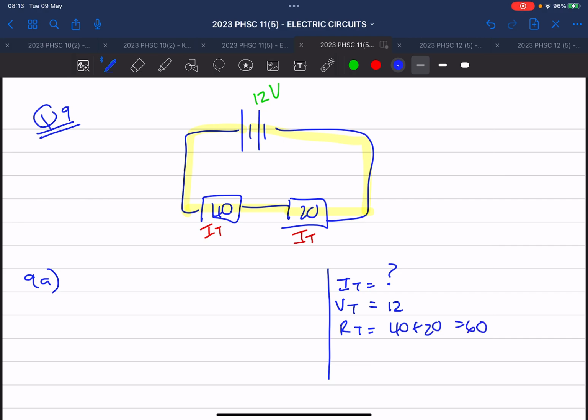Okay, so our formula is this one. Let's see now for a lollipop. Anyone? Ohm's law in words. The potential difference in a circuit is directly proportional to the current.